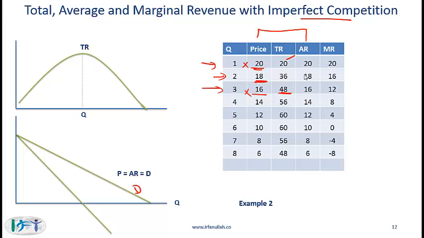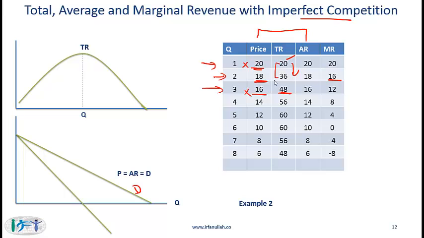What about marginal revenue? Marginal revenue is the revenue from selling one additional unit. When you sell the first unit, the additional revenue is 20. When you sell the second unit, the marginal revenue is 16 because total revenue then goes from 20 to 36.